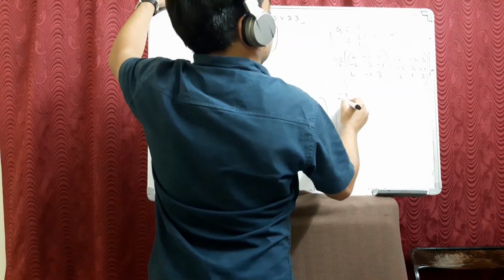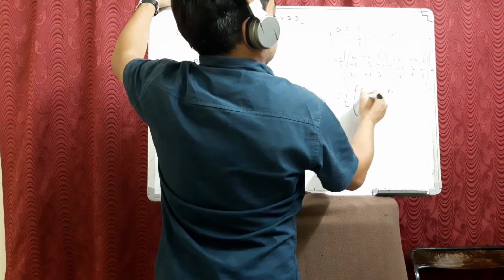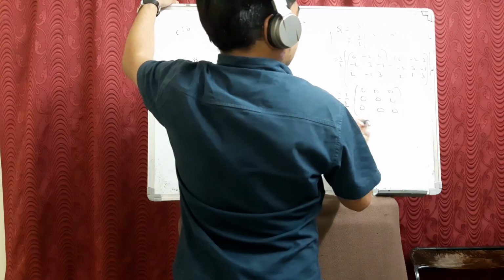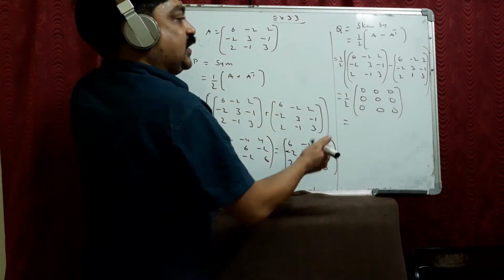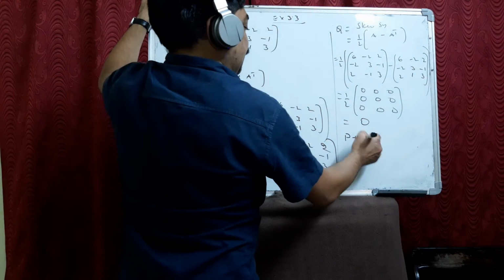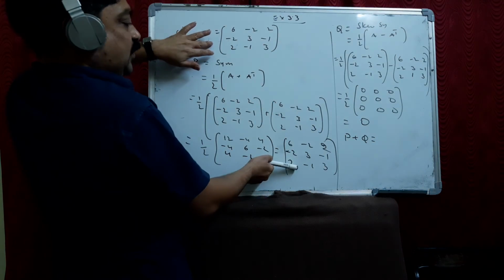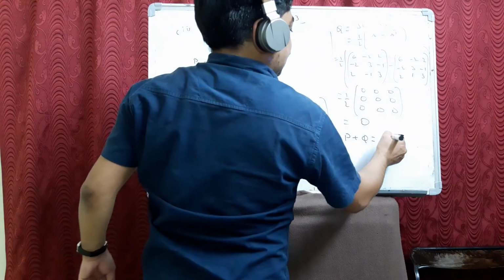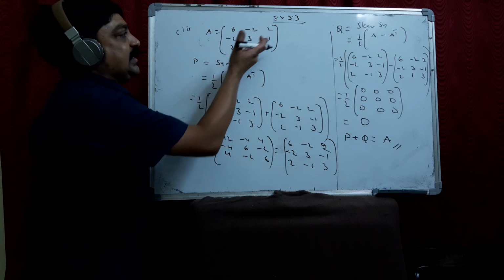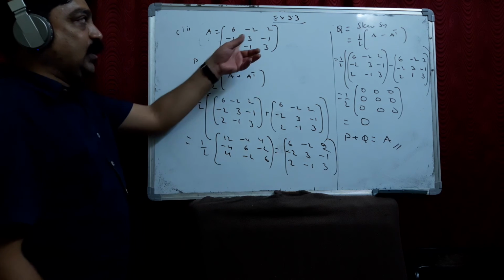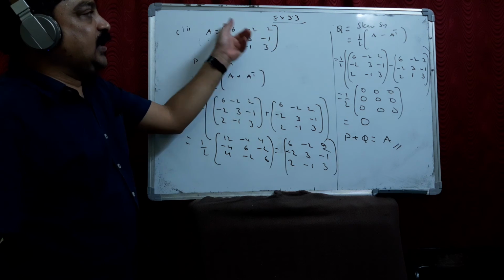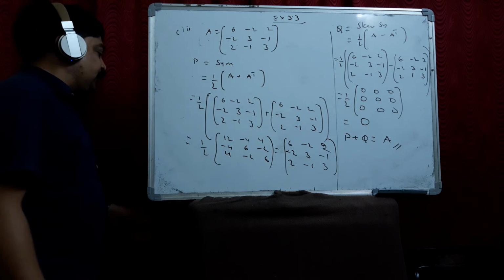I think you get 0, 0 0 0, 0 0 0, 0 0 0. Even if it is a 0 matrix, it is a skew symmetric only. So let us check whether you are getting P plus Q as A. P is the same thing if you observe carefully, so it is nothing but A. Okay. So fortunately your A is a symmetric matrix itself. If you see carefully, I told you how to write an example. These elements are here and this element is here, and these elements can be anything. Okay.